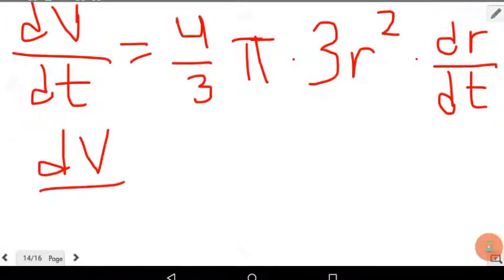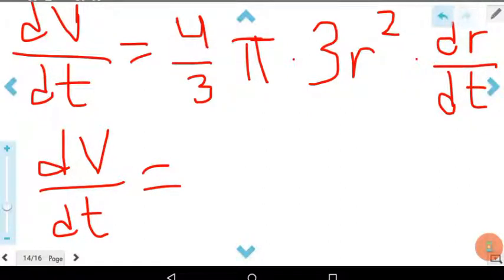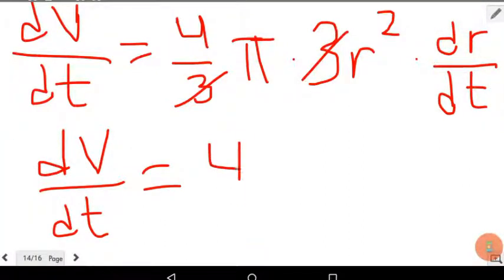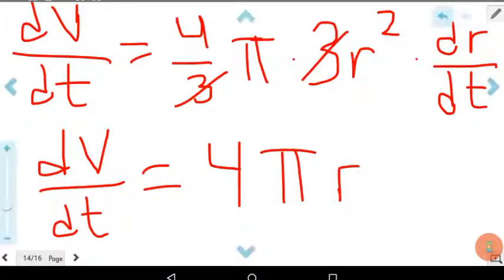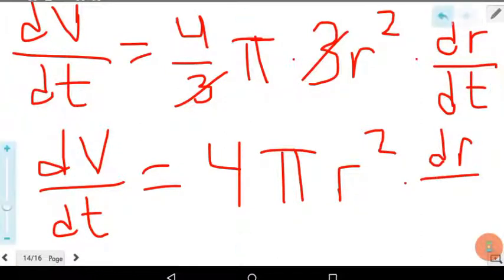So now we can simplify this a bit. dv dt, obviously not much we can do there. Just carry that down to the next step. Now notice these 3's will cancel out because we're dividing by 3 and then multiplying by 3. So those will cancel, which will leave us with 4 pi times r squared times dr dt.